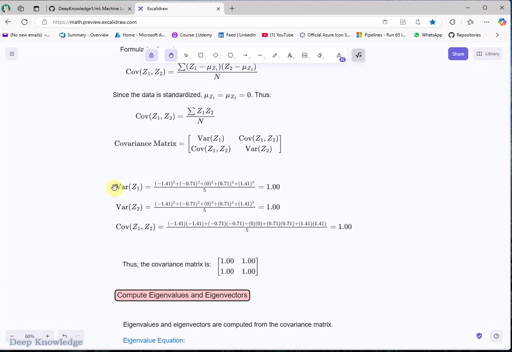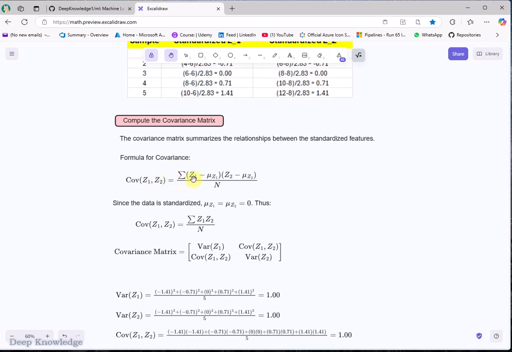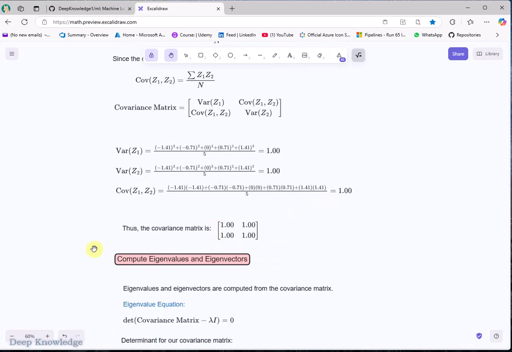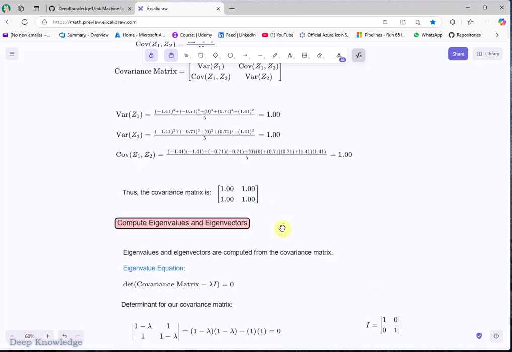This is for Z1, and you can calculate it for Z2. Now we can calculate the covariance matrix with this formula here, which is Z1 minus mu multiplied by Z1. After that, we will have the covariance matrix like this.